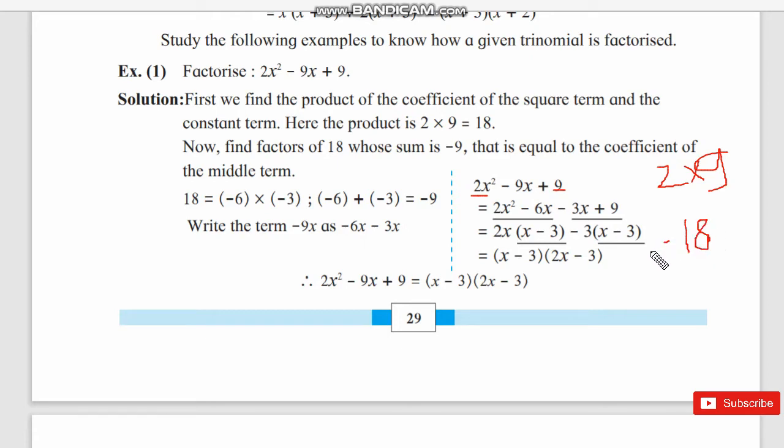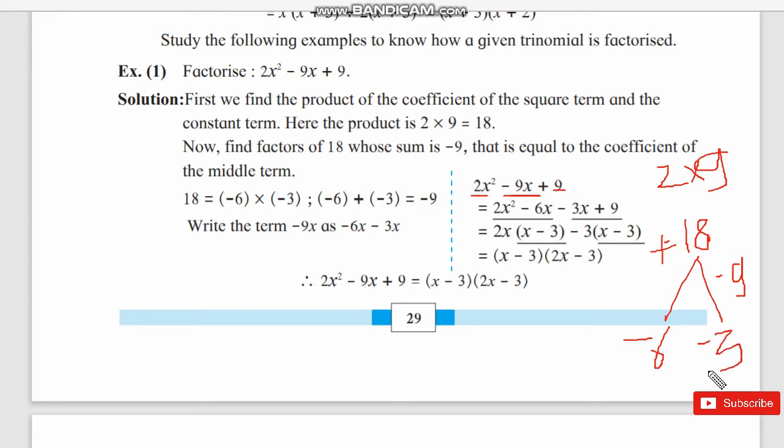When we factorize it, the product of these two factors must be plus 18, and the sum of the factors must be negative 9. So we get the guideline on how to factorize it, and they have given minus 6 and minus 3. These are the proper factors of 18 that satisfy this condition.